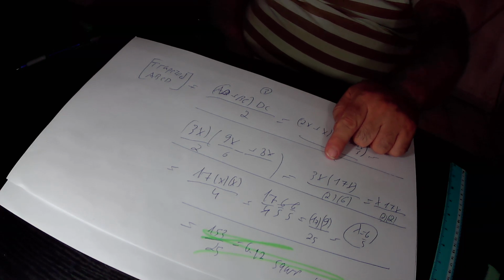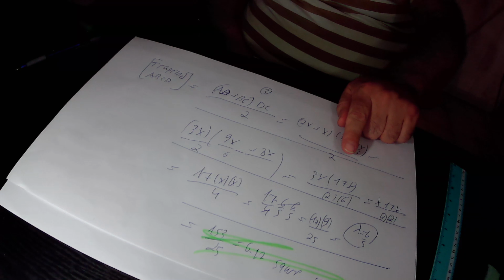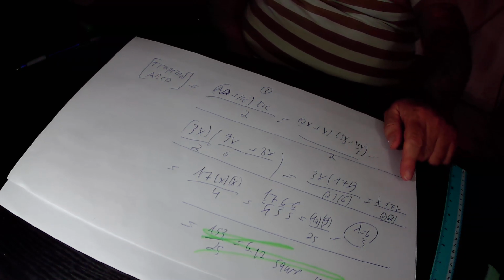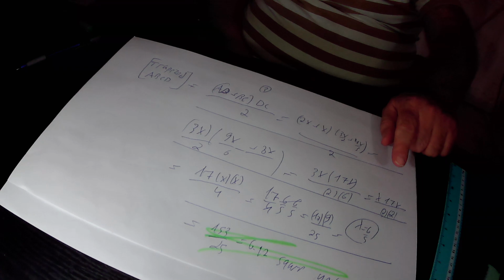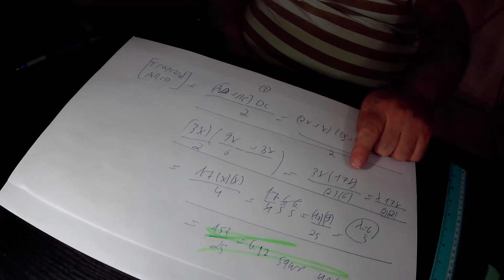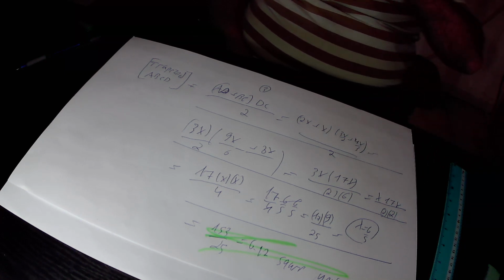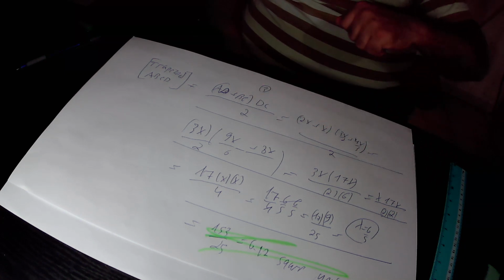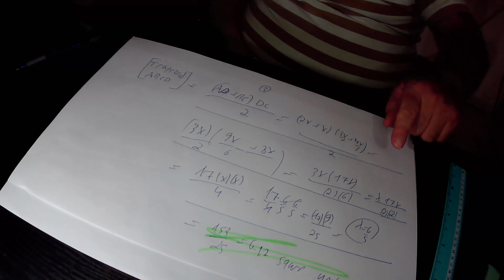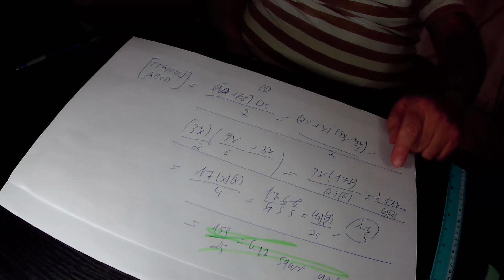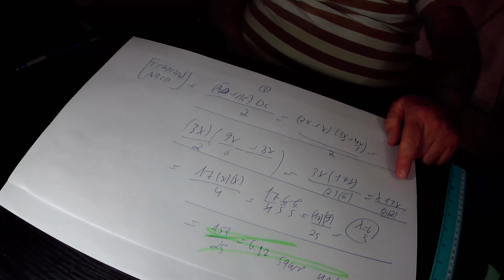So 3x over 3 is x. In total we are left only with x times 17x. In the denominator we have 6 over 3 is 2, so we are left with 2 times 2. 2 times 2 is 4. So in total in the denominator we have 4, and in the numerator we have 17 times x times x.